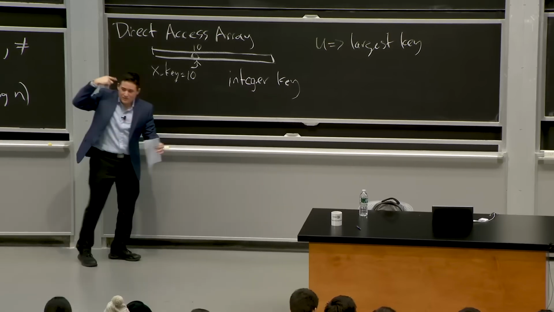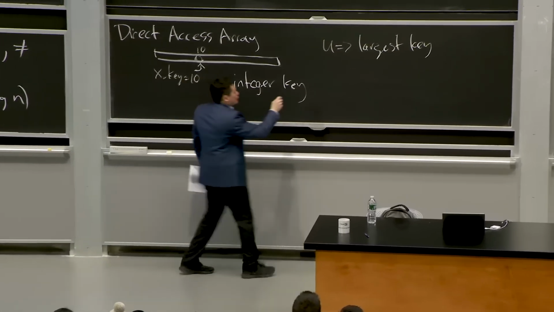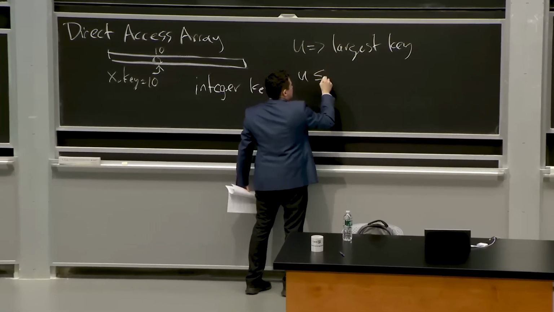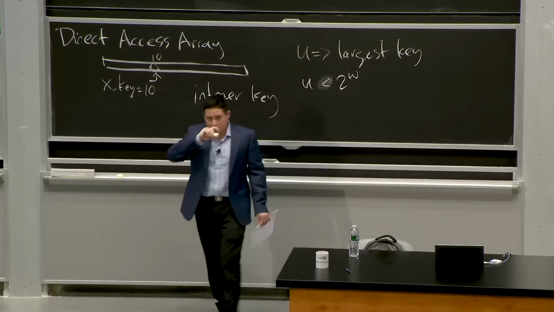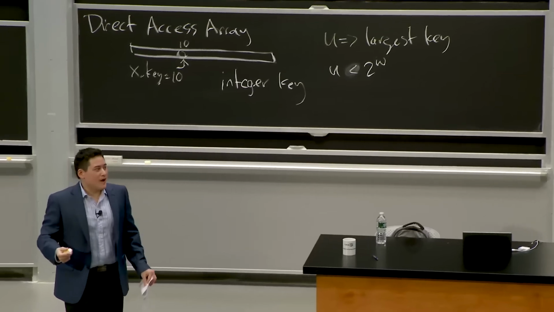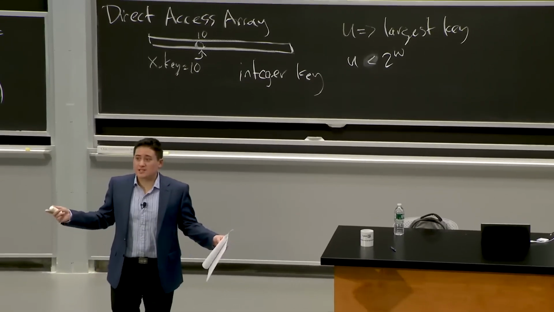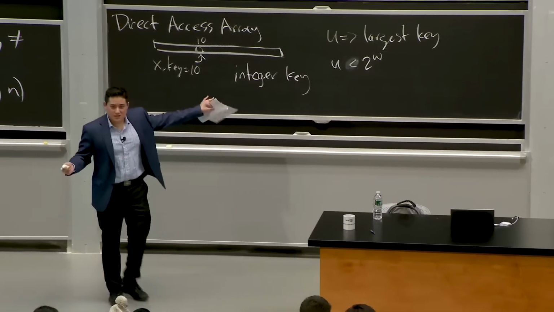So implicitly, if I'm going to use this direct access array, I need to make sure that u is less than 2 to the w, if I want these operations to run in constant time. If I have keys that are much larger than this, I'm going to need to do something else. But this is the assumption.